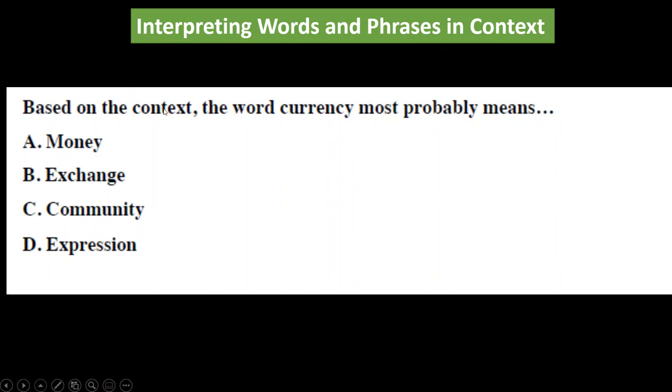So based on the text, the word currency most probably means one of these choices. If this was isolated from the text, we would normally quickly answer that currency means money. But if we read the text, we will understand whether the text is talking about money or something else. So according to the text, what does the word currency mean? Either money, exchange, community, or expression.